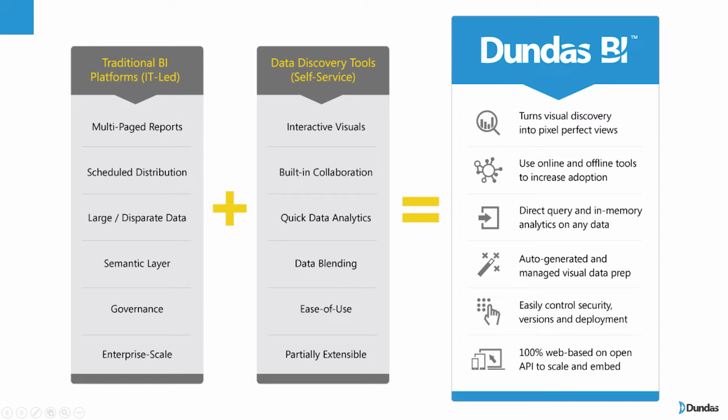And technical people, they have a place in both of these modes by either totally taking over the creation process and doing it themselves, or maybe empowering other users to build their own content. The whole point is we mix and match these experiences, and you can set this up the way you need to in Dundas BI based on the needs of your users.